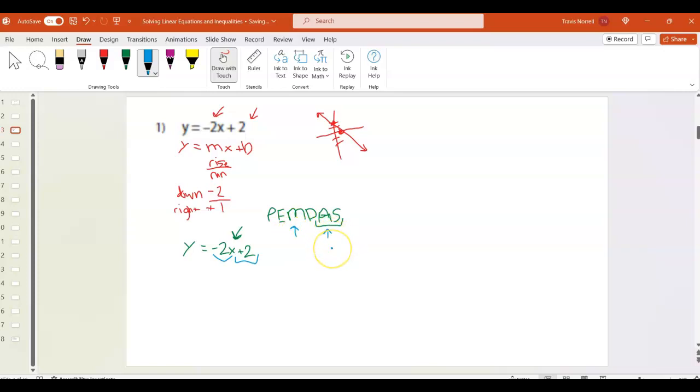But since we are working backwards, we're going to deal with the number that's being added. Not only are we going to backtrack, working PEMDAS backwards, we're also going to do the opposite operation. The opposite operation of addition is subtraction.